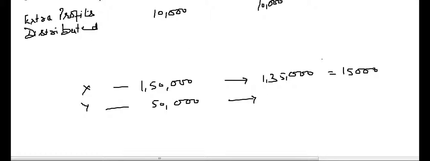Okay. Now why should have been paid 45,000? Clear? So he is paid 5,000 extra.